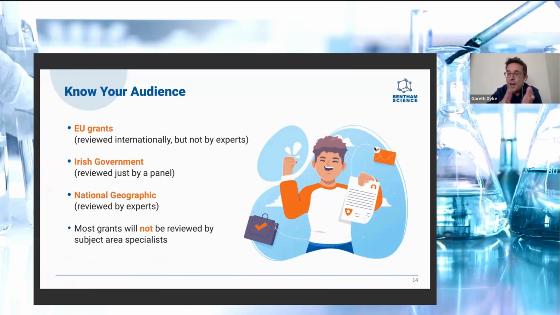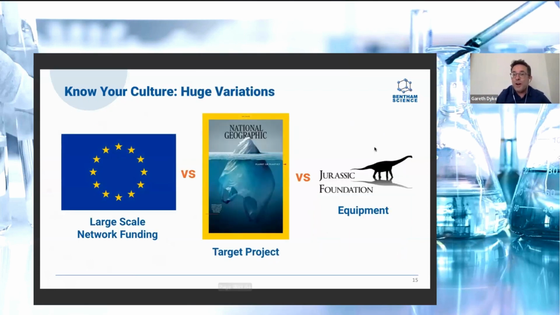So a good idea, a feasible idea, lots of images, ways to show that your work will succeed, like previous data, early stage proof of concept data, for example, understanding the culture of your funding agency and knowing a little bit about what a successful proposal looks like and who will be evaluating it are key initial steps to have in mind before you even start writing your grant.